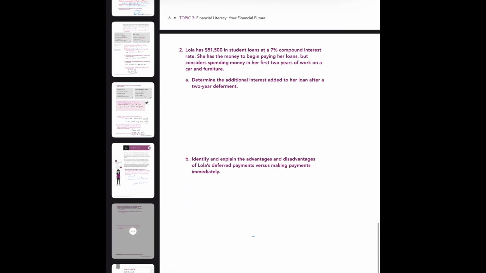If we move on to the next page, number 2, Lola has $51,500 in student loans at a 7% compound interest rate. She has the money to begin paying her loans, but considers spending money in her first 2 years of work on a car and furniture. So let's first determine the additional interest added to her loan after that 2-year deferment. She has an initial principal of $51,500, a rate of 7%, so 1 plus 0.07, and she has a 2-year deferment also, so after 2 years.